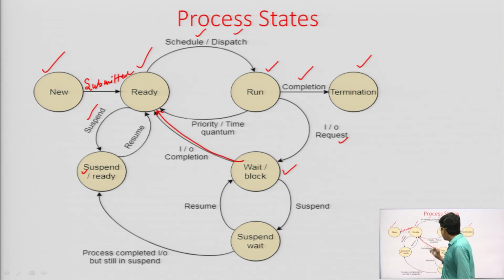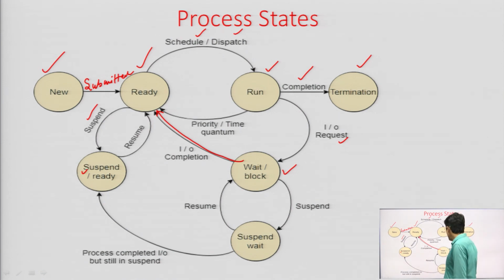We call that the process is in the suspended ready state. We can also do the same with the waiting state. For example, if a process is doing an input output operation or waiting for the input operation to complete, let us send this process to the hard disk for bringing the high priority process in the main memory.